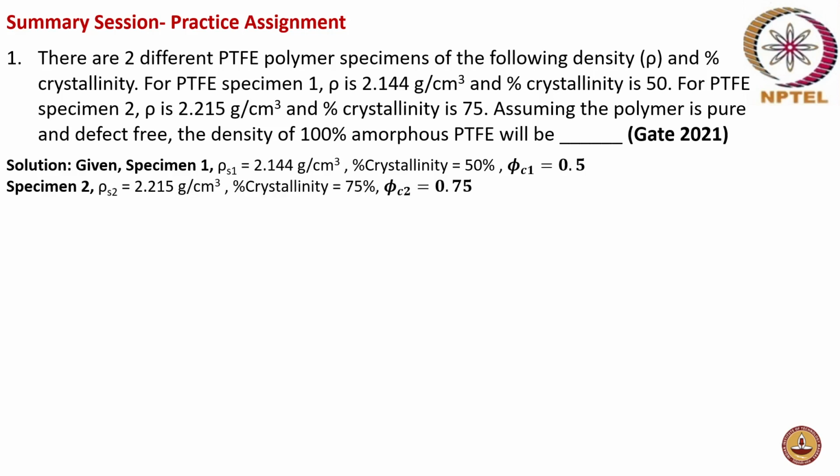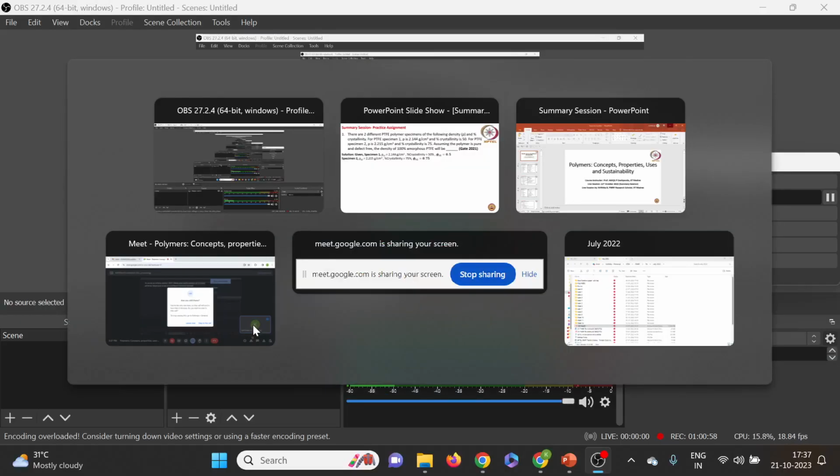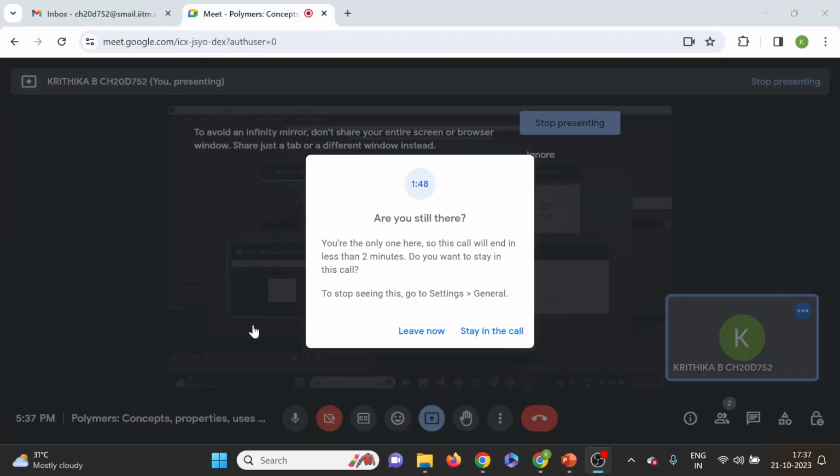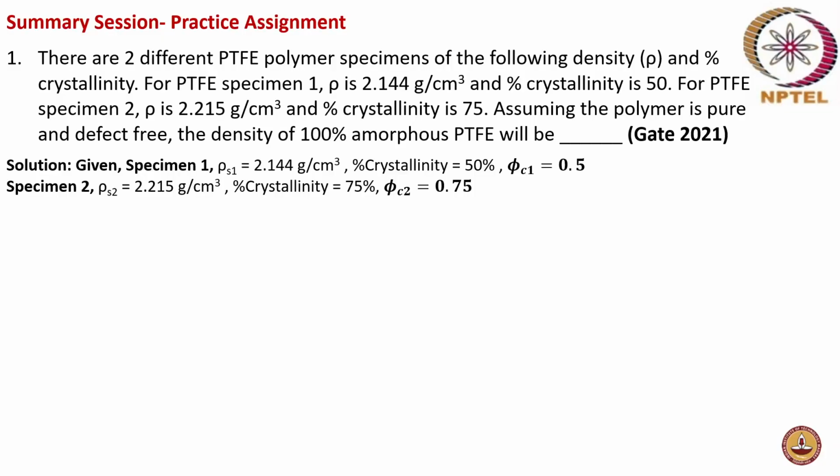And specimen 2 with the density of 2.215 and percentage crystallinity 75%. So the fraction of crystallinity is 0.75.